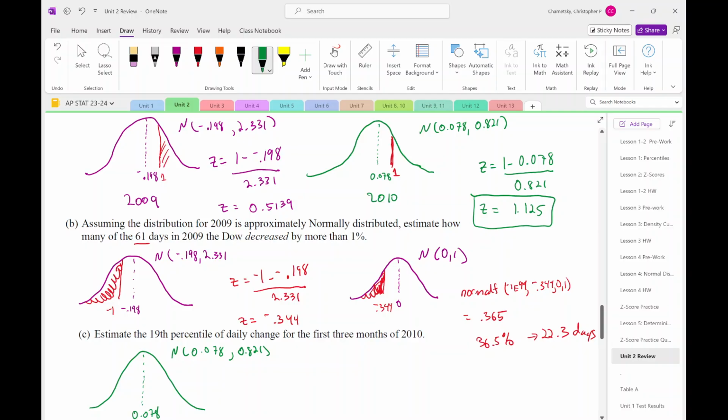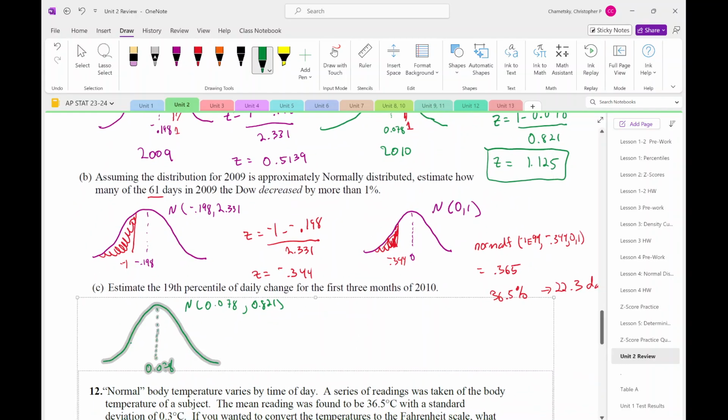Okay. I am looking for the 19th percentile, so that is somewhere over here. I'm looking for that value.